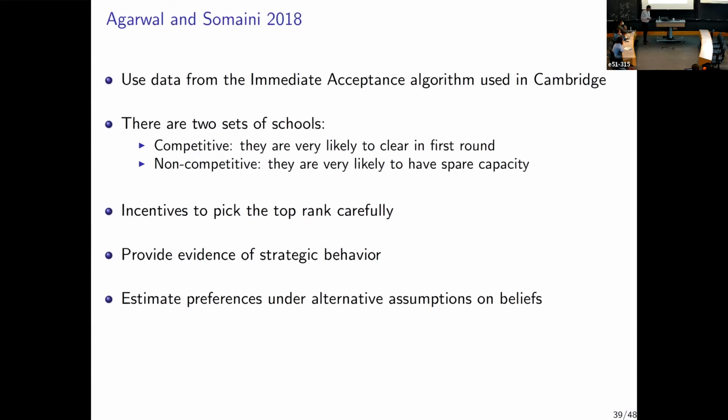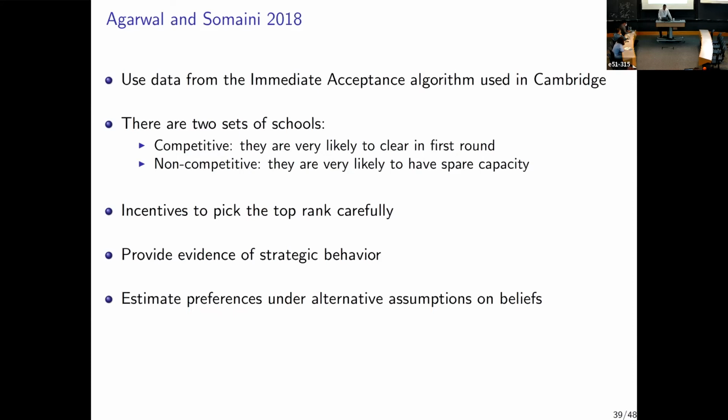Okay, so if you have 2 schools that are competitive that you prefer, and in one you have priority and in the other you don't, for reasons of probability of acceptance, you should be more likely to rank the one where you have higher priority.